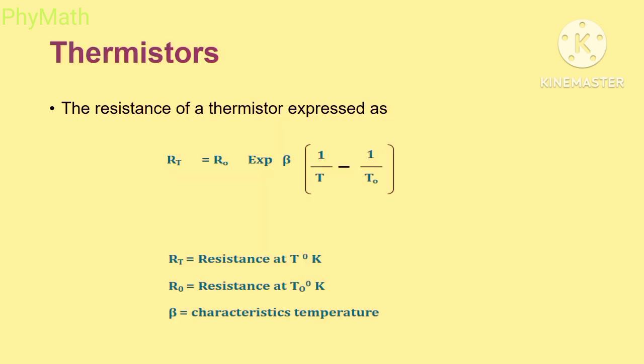Now the resistance of a thermistor can be expressed by the equation RT equals R0 exponential beta of (1 upon T minus 1 upon T0), where RT is the resistance at T degrees Kelvin, R0 is the resistance at T0 degrees Kelvin, and beta is the characteristic temperature. So by using this equation, you can calculate the resistance of a thermistor.